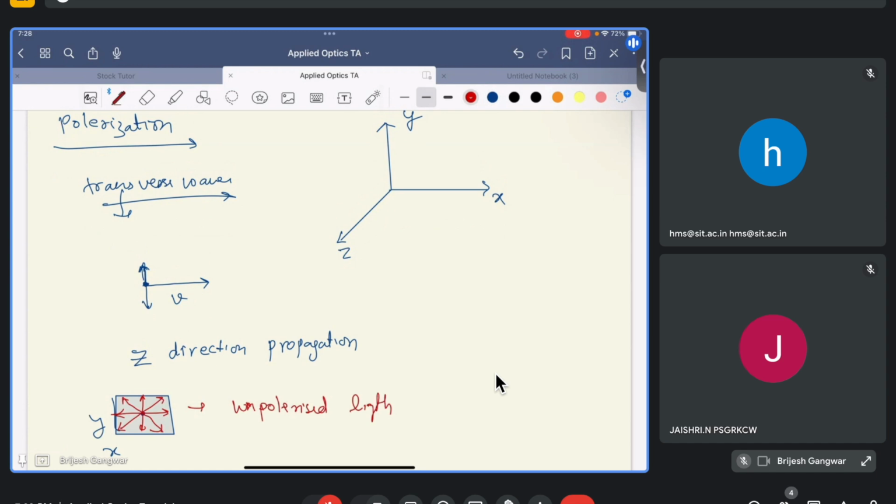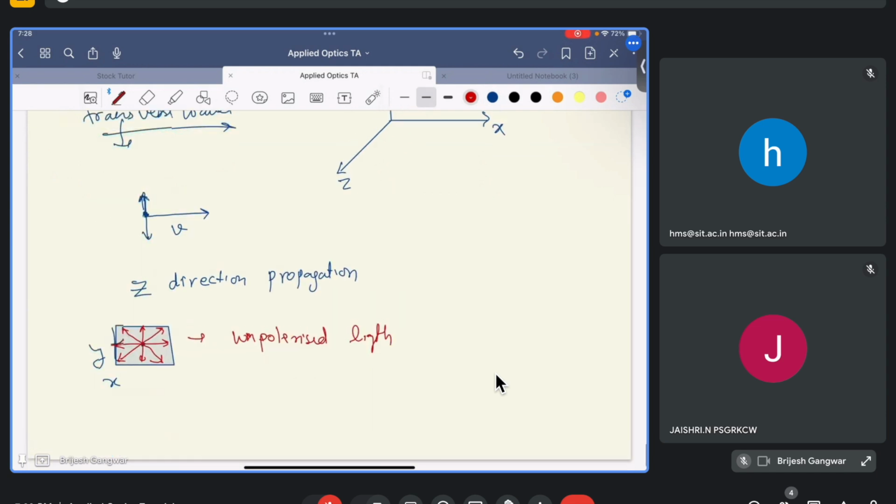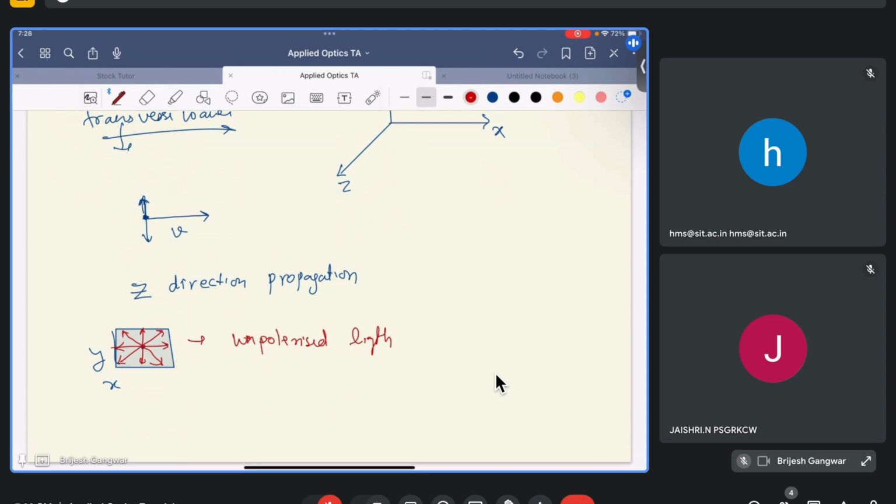This is of the nature that the light vibrates in all directions. Okay, so for unpolarized light, the particle, whatever the photon, can vibrate in all directions, x, y, z or any direction. Then we call it unpolarized light.